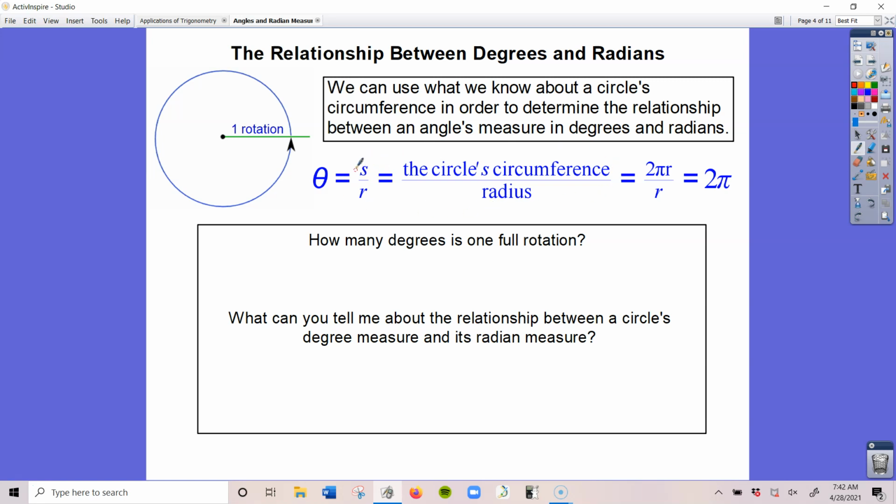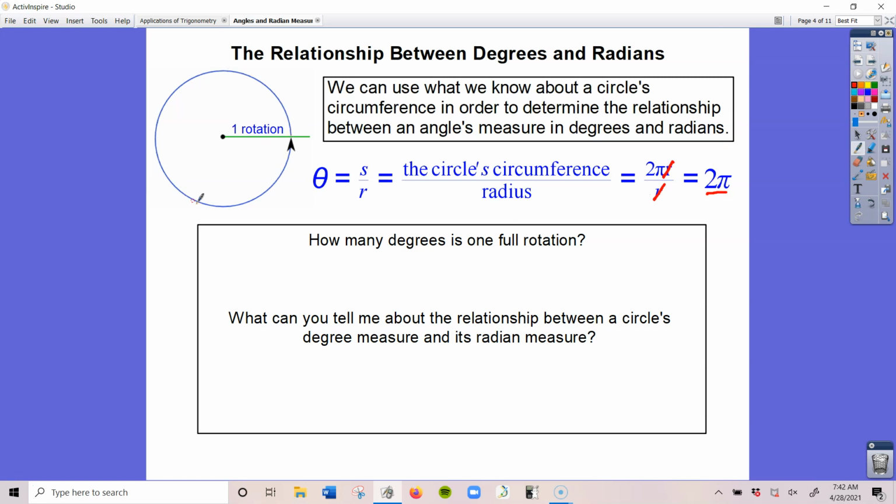The arc length of a full circle is the circumference, which is 2 pi r. And then we divide by the radius. So when we divide by the radius, the r in the numerator and in the denominator will cancel, and we're left with 2 pi.